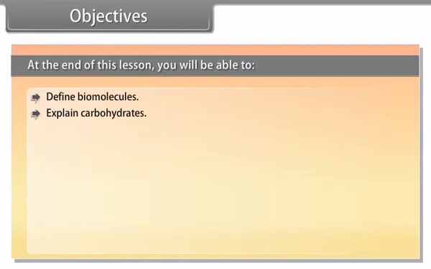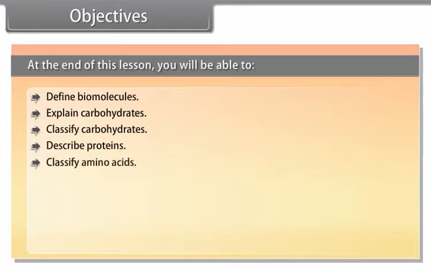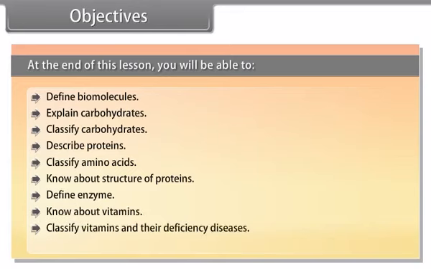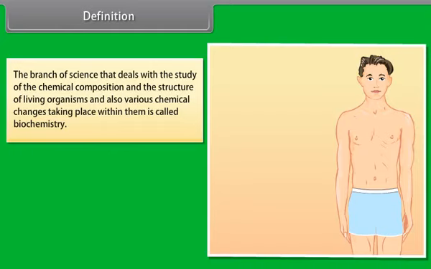At the end of this lesson, you will be able to define biomolecules, explain carbohydrates, classify carbohydrates, describe proteins, classify amino acids, know about the structure of proteins, define enzyme, know about vitamins, classify vitamins and their deficiency diseases, and describe the structure of nucleic acid.